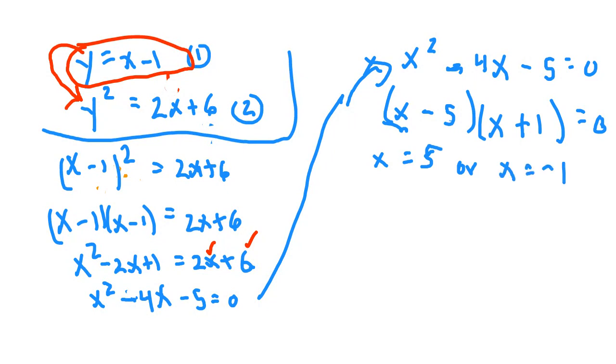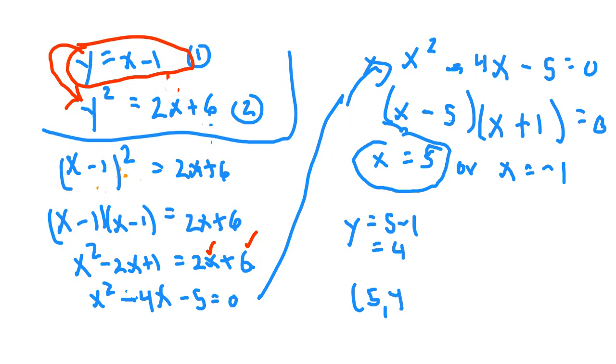If we take x equals 5 and substitute it in equation 1, y would equal 5 minus 1, which equals 4. So one of the intersection points is (5, 4). And we established that in Desmos.